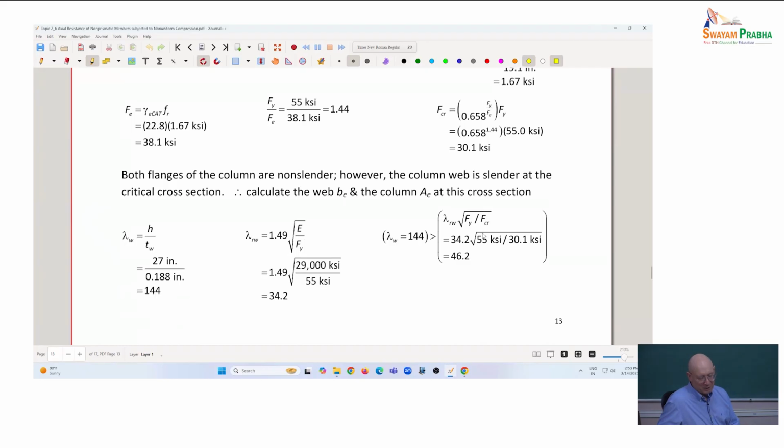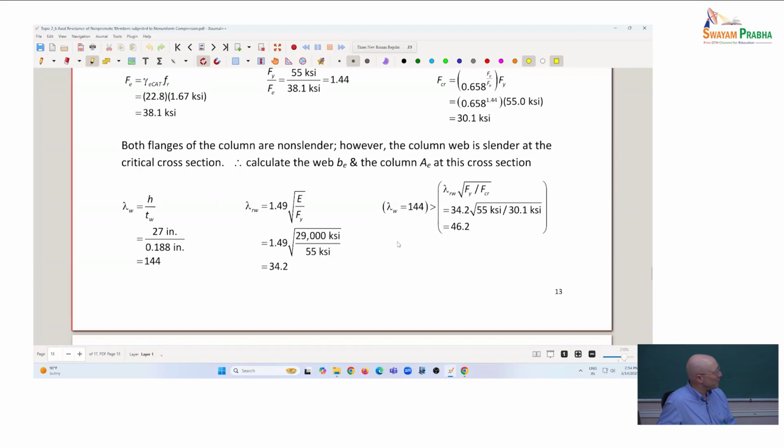Even if we look at the fact that F critical is the way we're writing it here, but the current spec would call that Fn, lambda rw squared Fy over Fn is 46.2. The h over tw of our web at this cross section is still substantially bigger than that value as well.